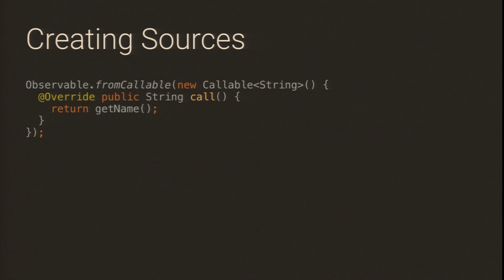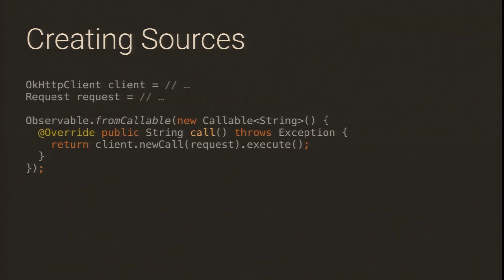The value that it returns will be then propagated to the listener. What's nice about this is that callable allows you to throw any exception. And so you can do things like network requests in here or other blocking synchronous interactions, and any exception that's thrown from the callable will be propagated to the error handling of the listener, to the observable of the subscriber.